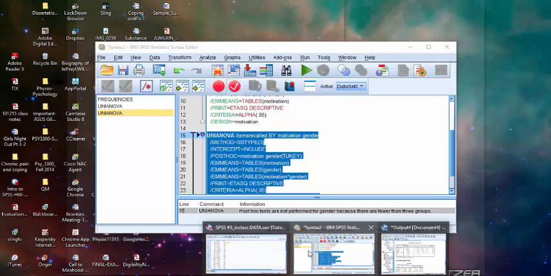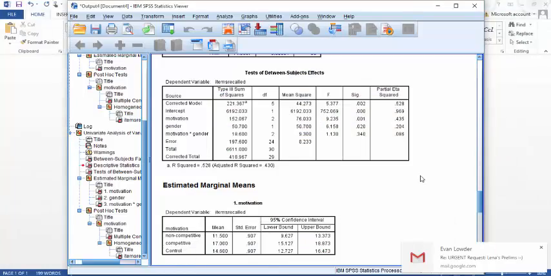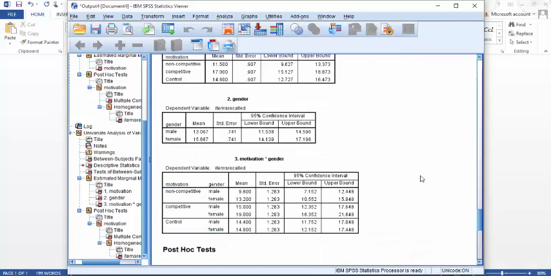Now, just like with the other OneWay ANOVA, we also want to know where our significant differences were.